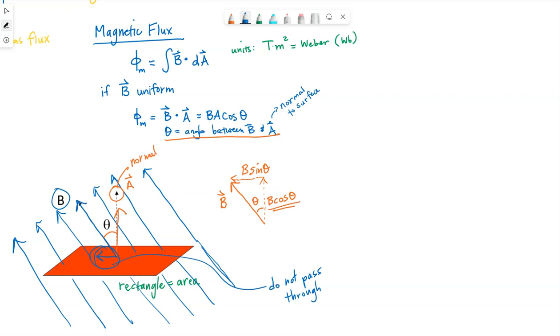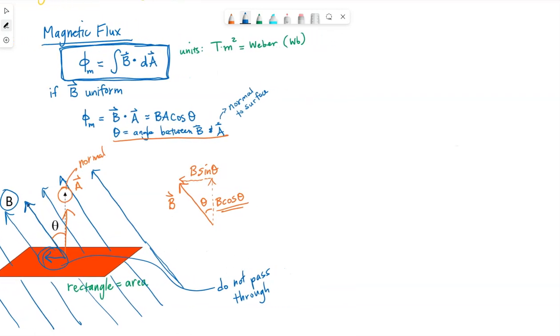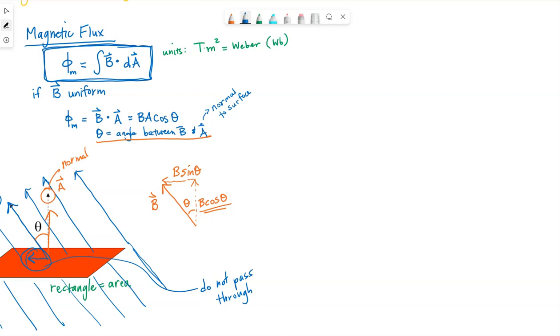Now, magnetic fields do not need to be uniform across the area. If the magnetic field is not uniform, then we need to integrate. An example of that: if I had a long wire that was carrying current, I know this wire would be creating magnetic field lines that wrapped around it.